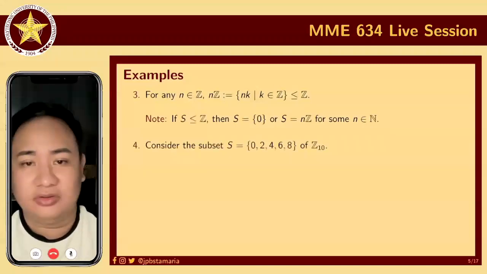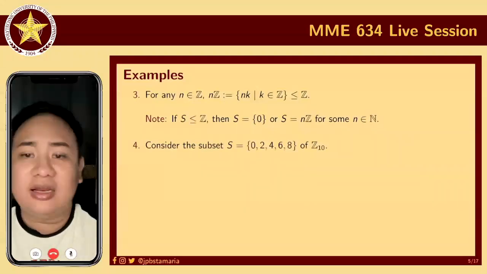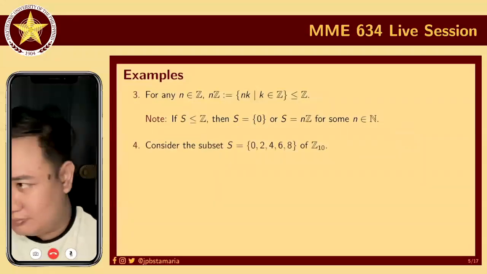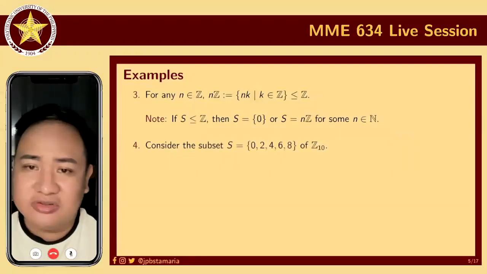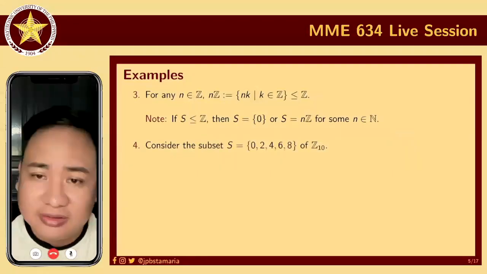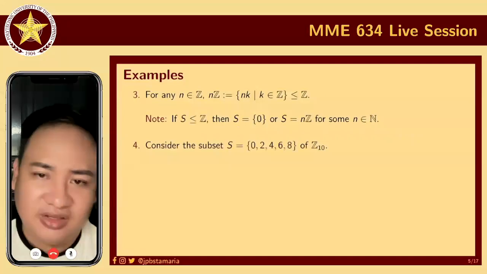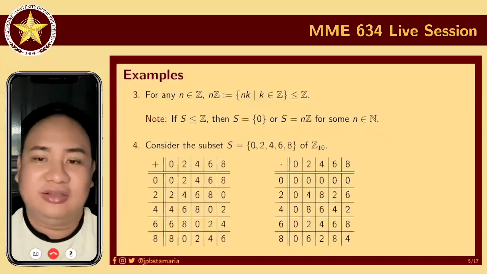Don't read that anymore. Let's just look at Z sub 10. When you look at this set, there are many elements, 0 to 9, right? But I will take only 0, 2, 4, 6, 8. Now here, look at this.